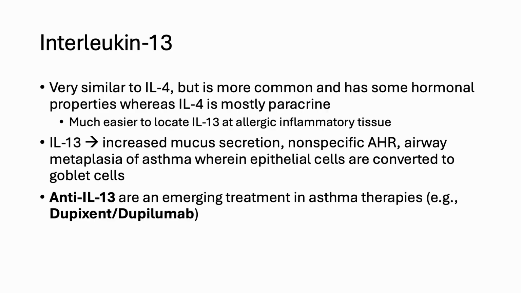You can think more hormonal functions, whereas IL-4 is more directly in the vicinity, so a paracrine function. And a lot of similar functions to IL-4. So we see mucus production, airway responsiveness, airway metaplasia, things like that.